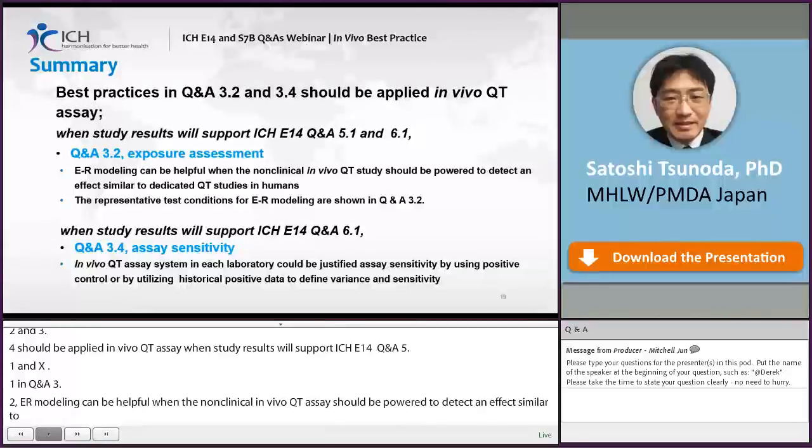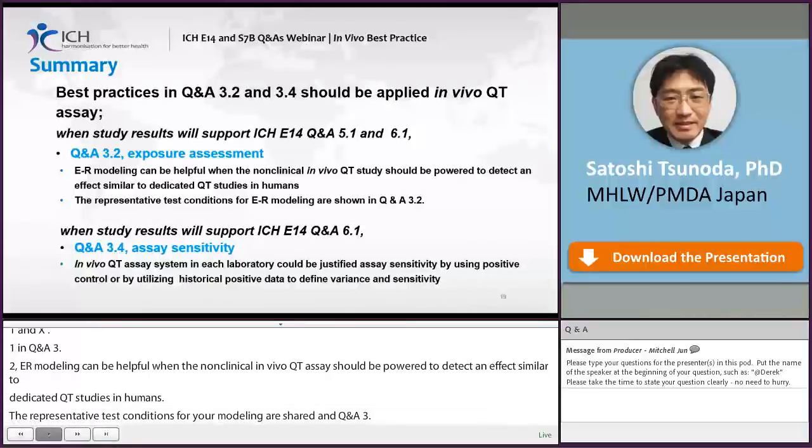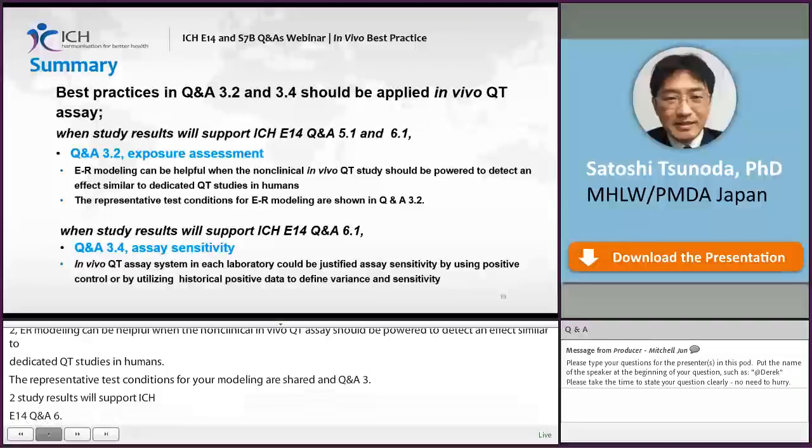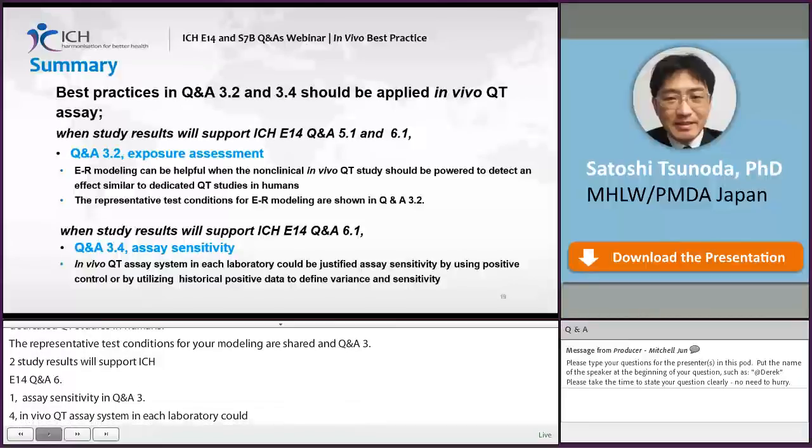When study result will support ICH E14 Q&A 6.1, assay sensitivity in Q&A 3.4, in vivo QT assay system in each laboratory could be justified for assay sensitivity by using positive control or by utilizing historical positive data to define variance and sensitivity.